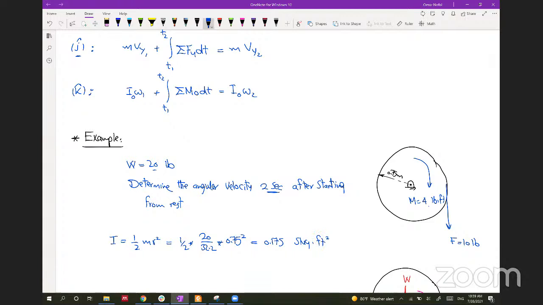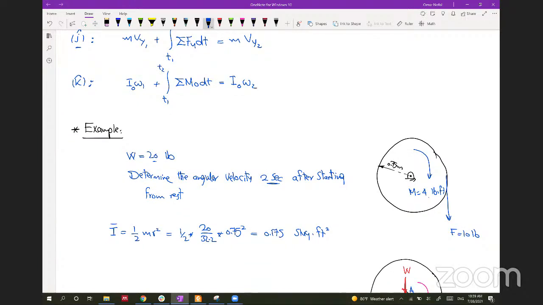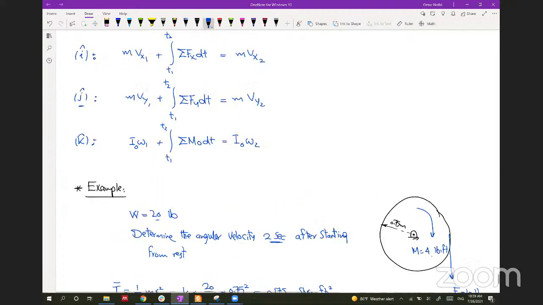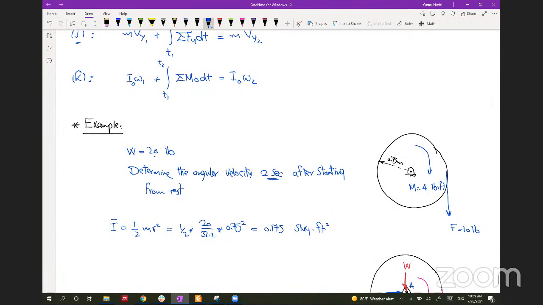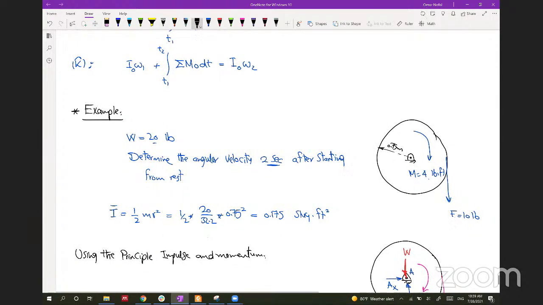So this is the I bar, the mass moment of inertia. Let's get the three equations and use them, using the principle of impulse and momentum. Let's use the third equation first, this one.